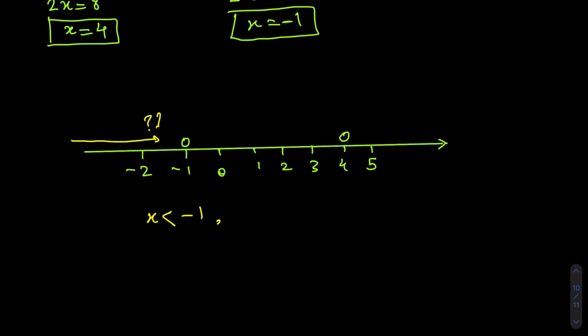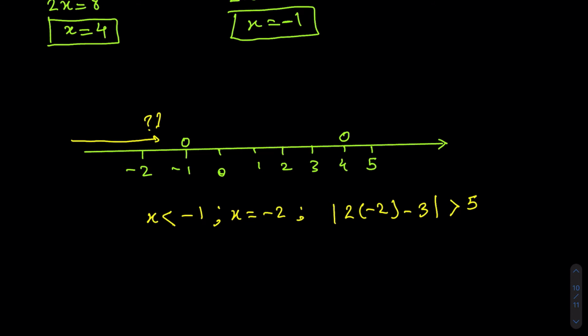I will select x equal to -2, and let's see if it works in the original equation. The absolute value of 2x minus 3, where x is -2, is larger than 5.